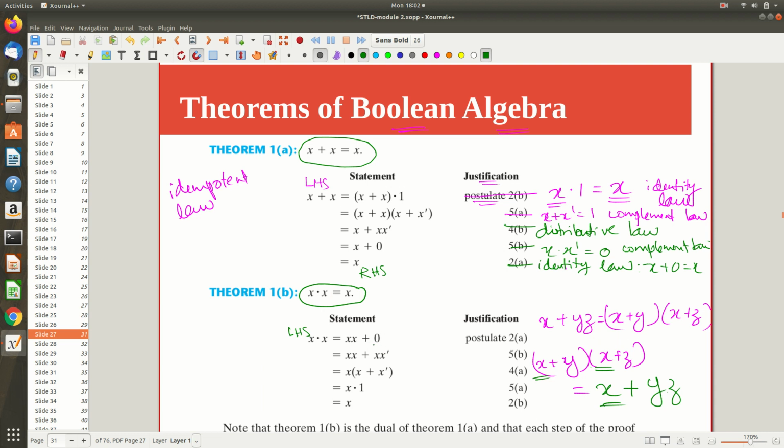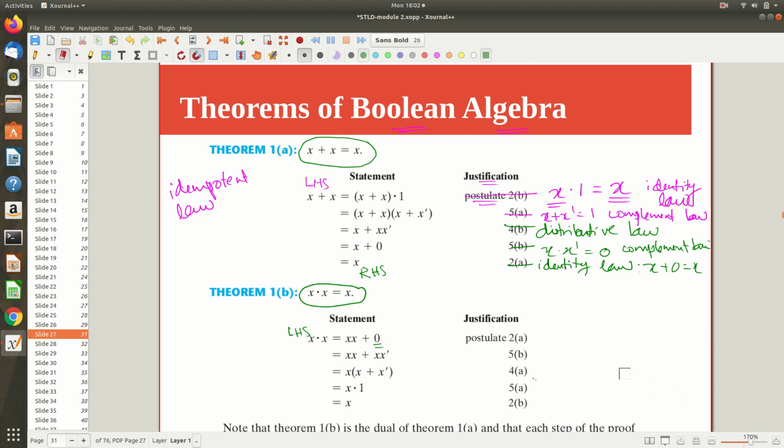Then this 0, now you can write the reasons also. I can erase this. Distributive law you keep in mind. What is distributive law? We are applying the distributive law in the opposite direction. Okay, so that is very important, keep that in mind.